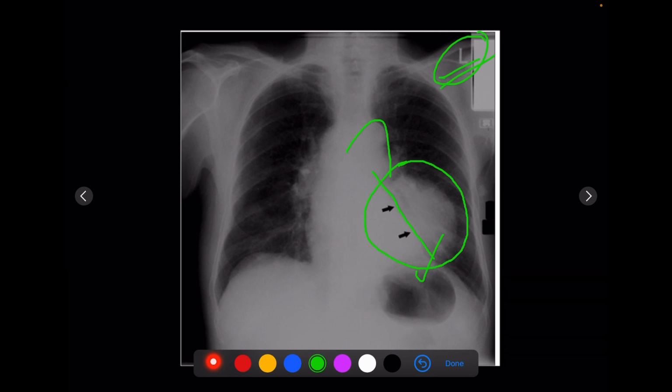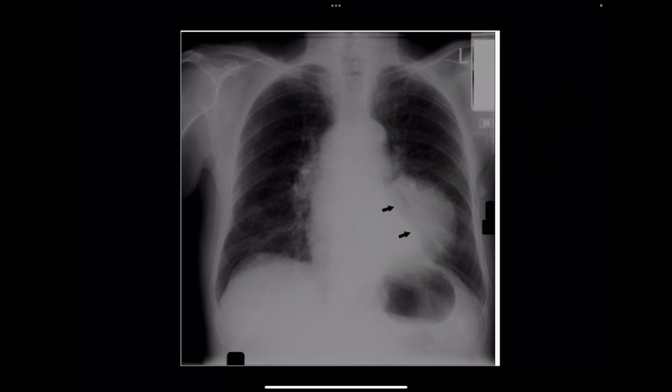That means this is a mass located in the posterior mediastinum. Once again check for yourself and let me know where the mass is.